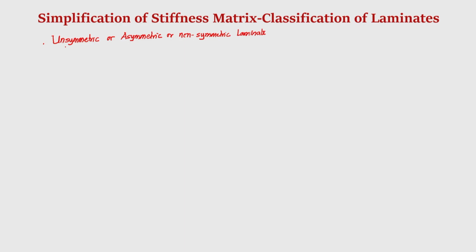So, what is the characteristic of an unsymmetric laminate? That means, in the ABBD matrix all the matrices are there. With respect to a symmetric laminate, in an unsymmetric laminate B is not equal to 0. That means, bending extension coupling exists.